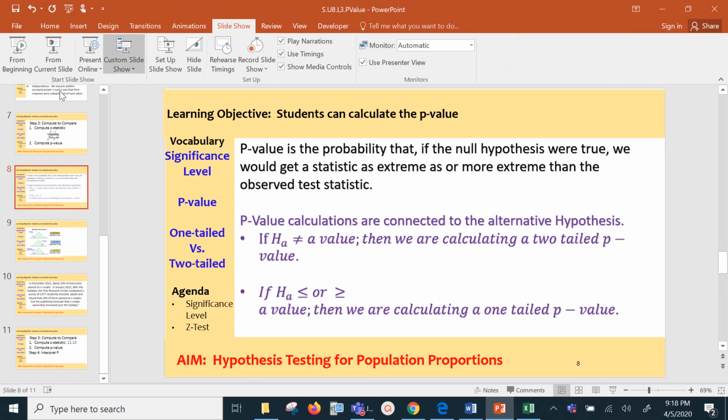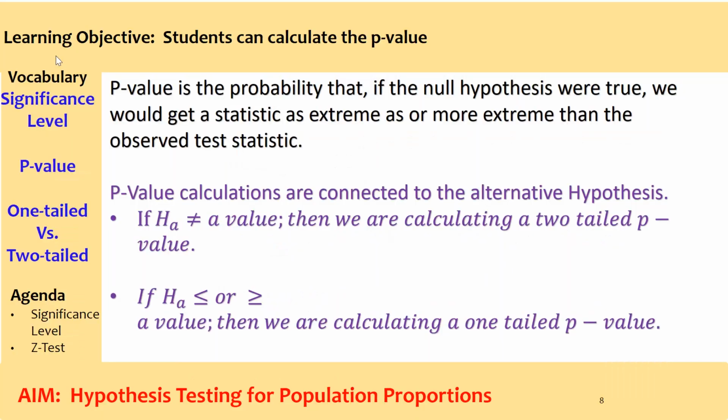I just want to talk about the p-value. The p-value is a probability that if the null hypothesis were true, we would get a statistic as extreme or more extreme than the observed test statistic. What does that mean? It just means that if the null hypothesis is true and we do a study and we take a sample, how crazy is it to get the proportion we got in that sample?